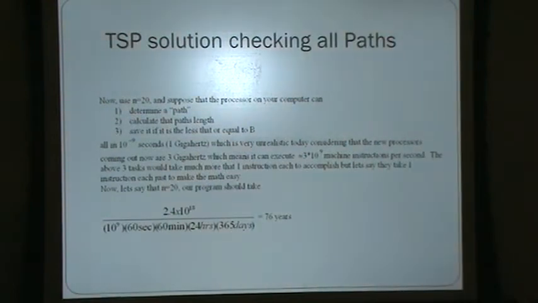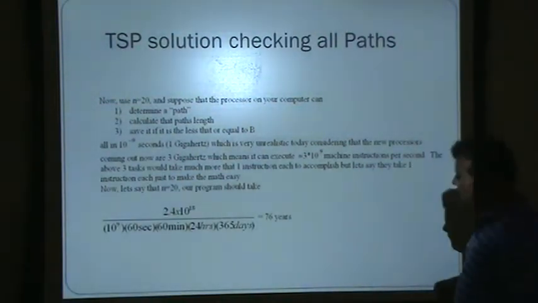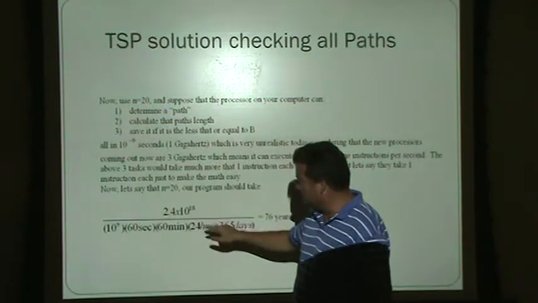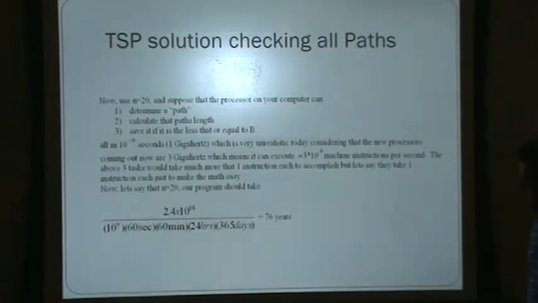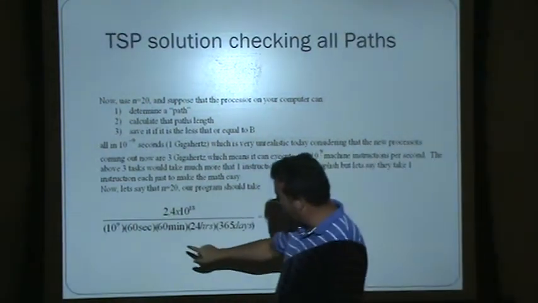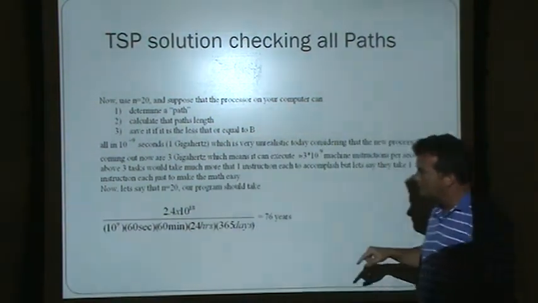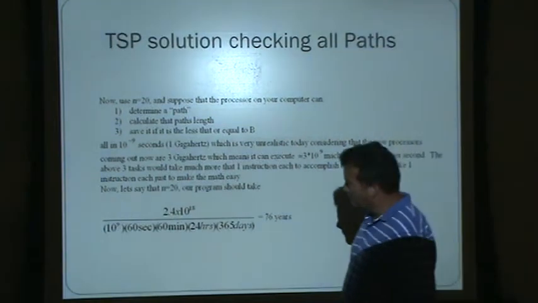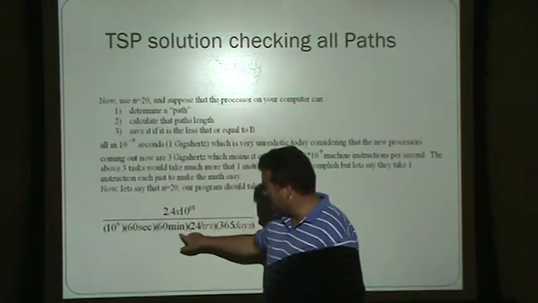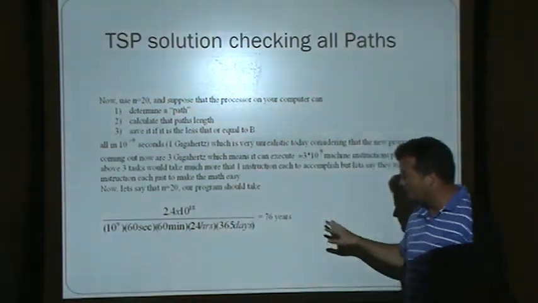So anyway, if we were to use the processors that are coming out today to solve this traveling salesman problem, and we wanted to evaluate 2.4 times 10 to the 18, we divide it by the speed of the processor, which tells us how many seconds it would take, then divide that by 60 seconds, 60 minutes, 24 hours, 365 days.